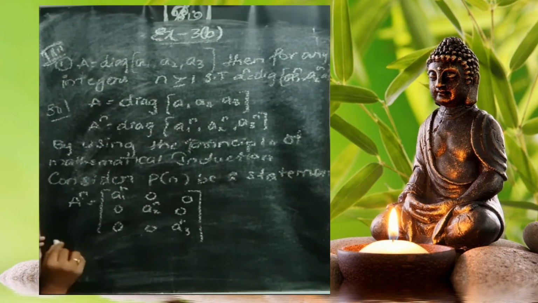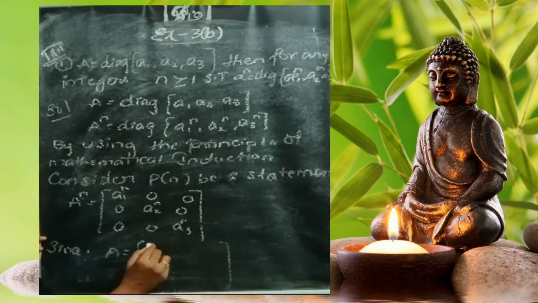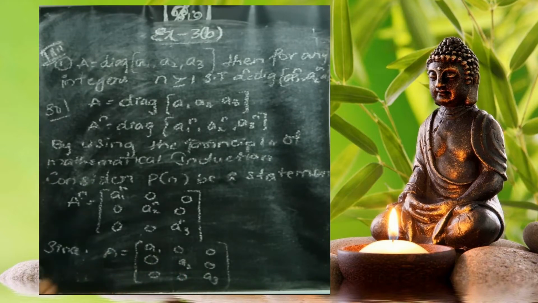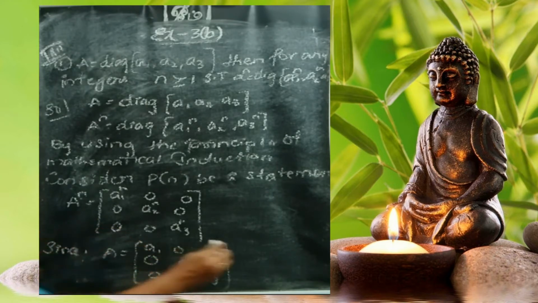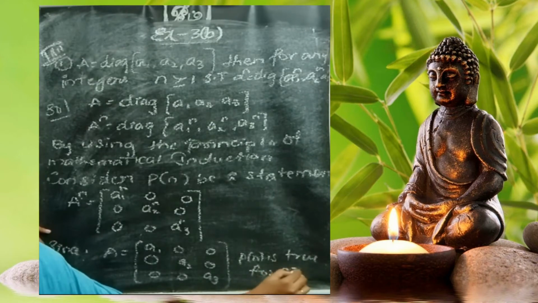Since A will be the matrix with a1, a2, a3 on the diagonal and the remaining all zeros, now let us assume that P of n is true for n equals to 1.